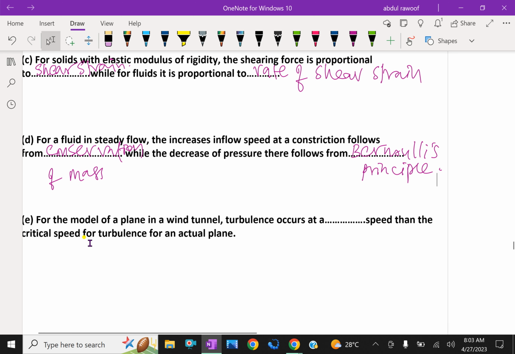Next question. For the model of a plane in a wind tunnel, turbulence occurs at a greater speed than the critical speed of the turbulence of an actual plane.